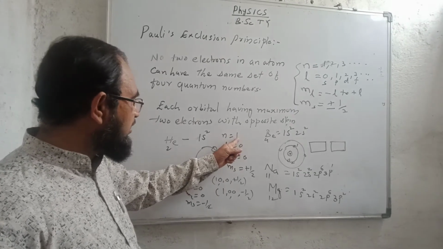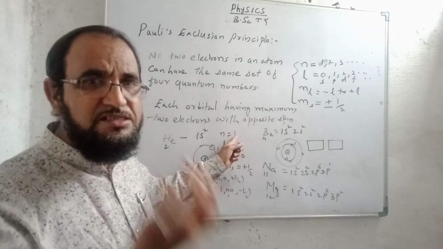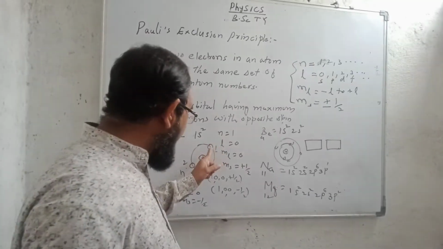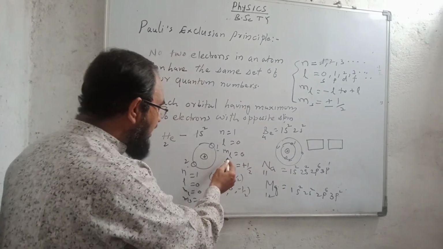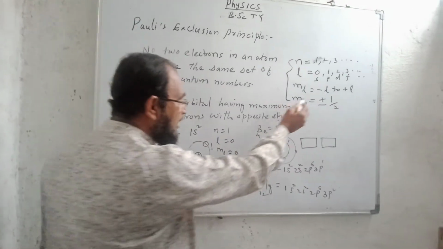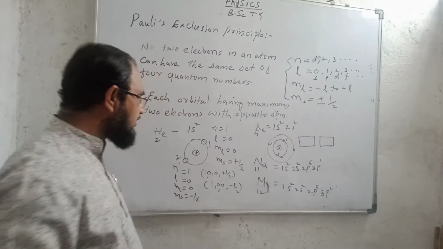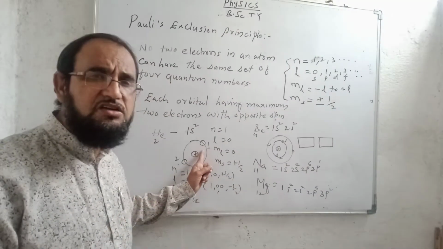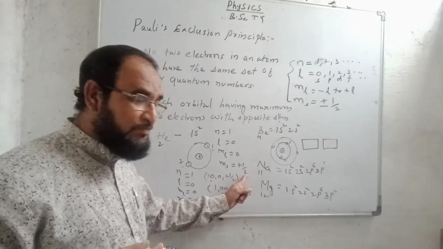So n will be equal to 1, means principal quantum number will be equal to 1, as it is the first orbital. It is s, therefore for l I can write here 0. ml for the s orbital, minus l to plus l, means 0 to 0, so it will be 0 here. And the spin quantum number will be plus half for the first electron.